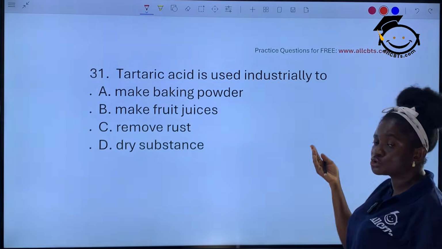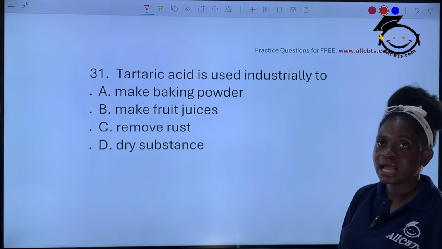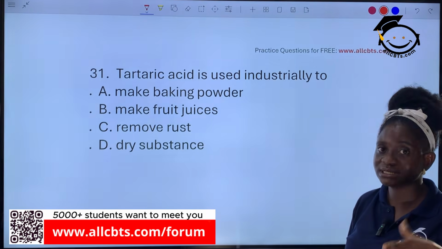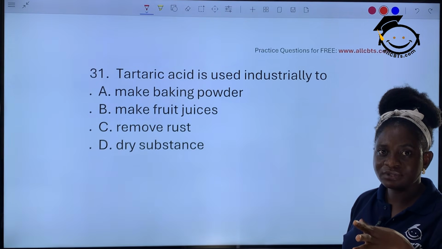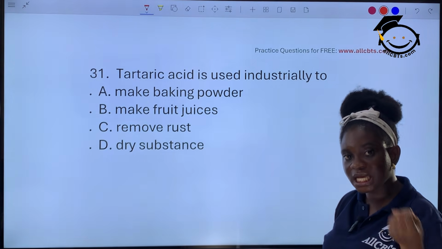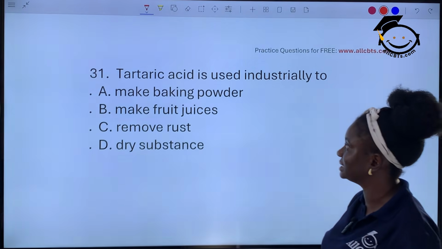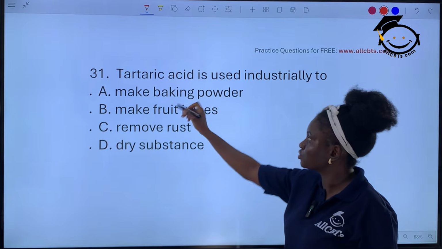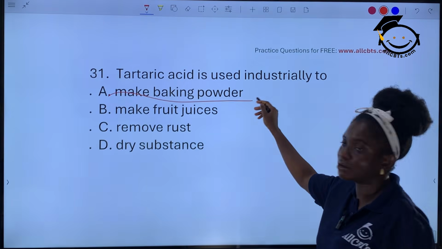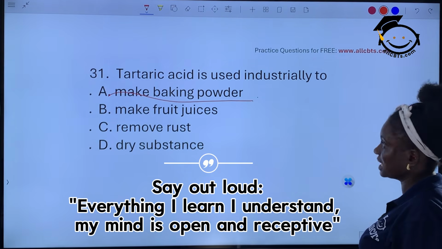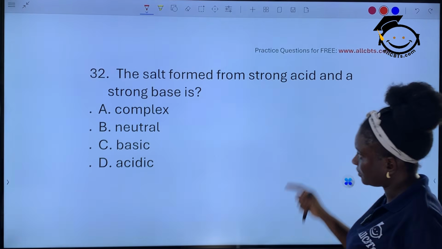Tartaric acid is used to make baking powder, and its reaction liberates carbon dioxide, which is when you have this soft and fluffy baked cake, baked bread, and the likes. So tartaric acid is used to make baking powder. All right, so that's the correct answer, option A.